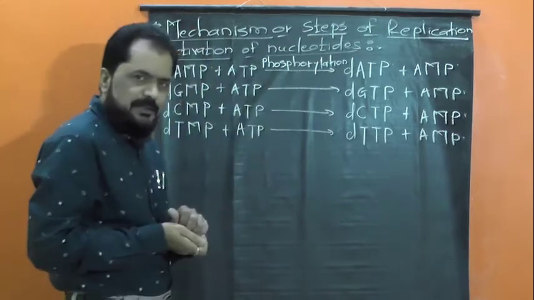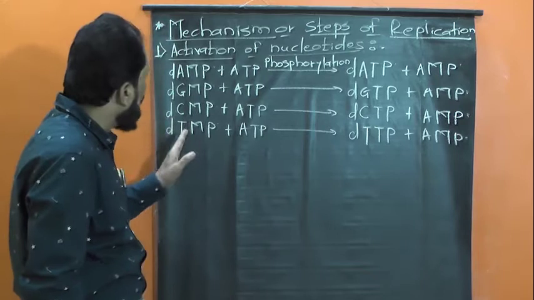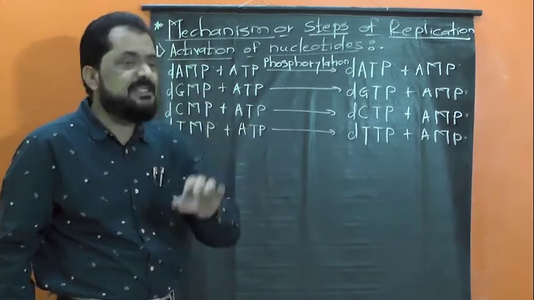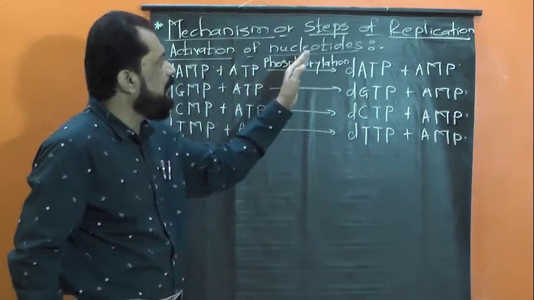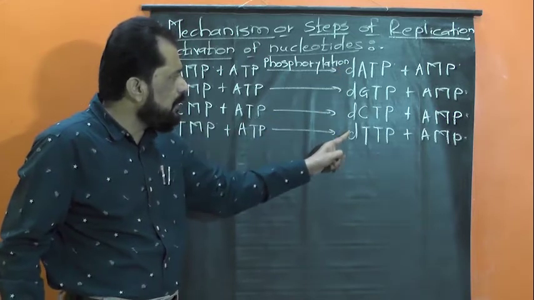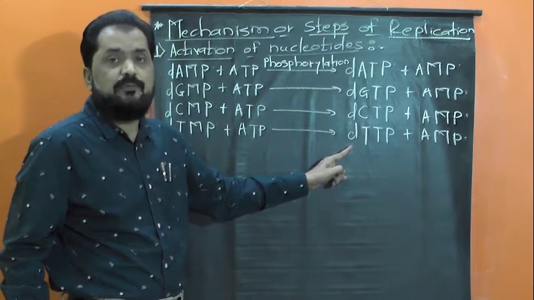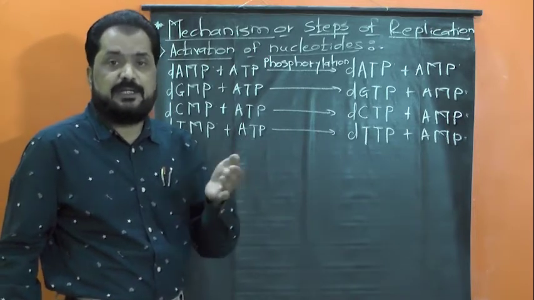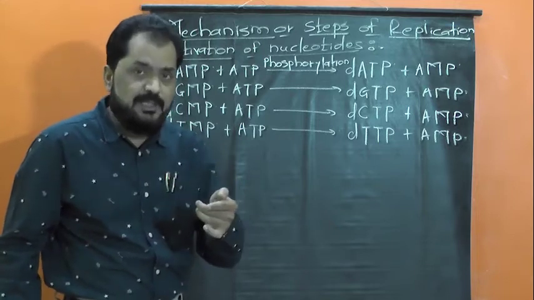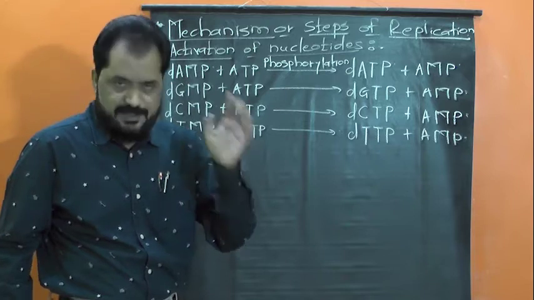So actually this process is the phosphorylation of these deoxyribose nucleotides, and it is nothing but the activation of nucleotides. It means now all these four different types of deoxyribose nucleotides which are in the form of triphosphates are ready to take part in the process of replication, in the process of synthesis of new DNA strand.